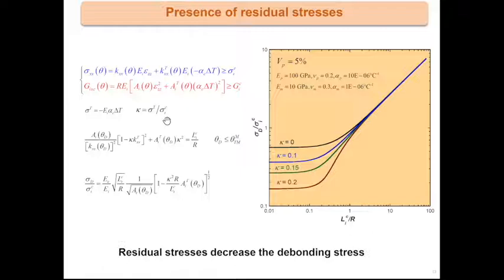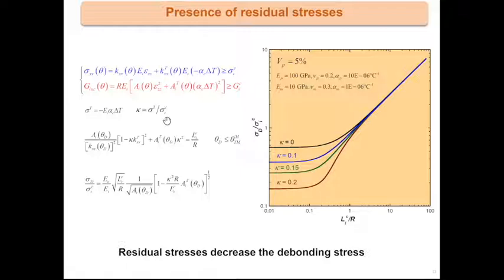So you restart with a coupled criterion. You write the stress condition. Here you have a mechanical term and a residual stress term. You do the same thing for the energy condition.